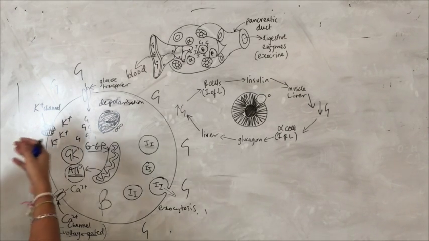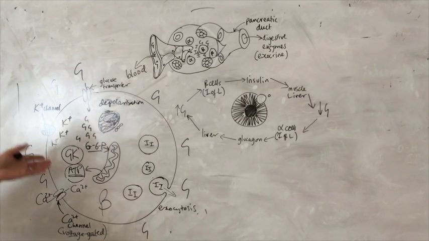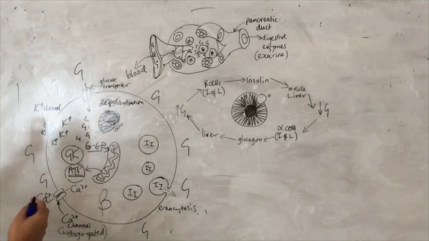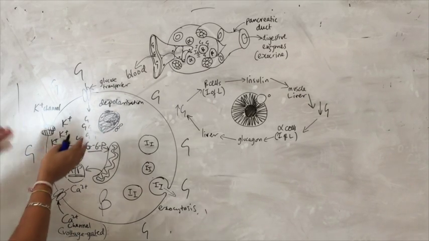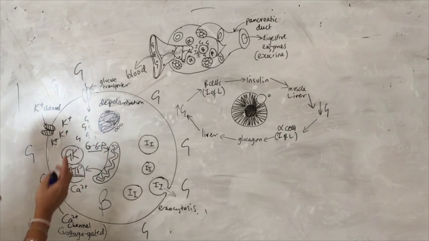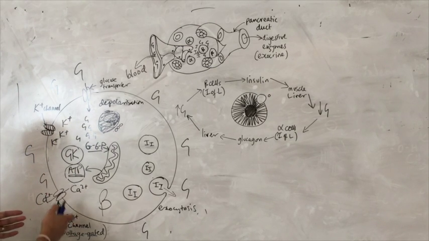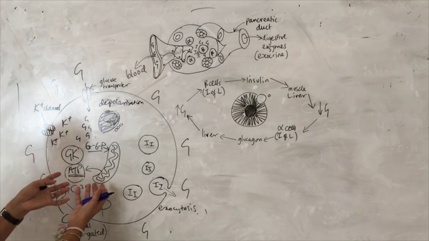Lots of ATP is then produced, causes the potassium channels to close. They close, potassium remains in the cell, causes a depolarization. The depolarization affects the voltage-gated calcium channel.